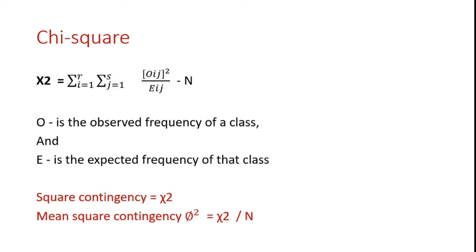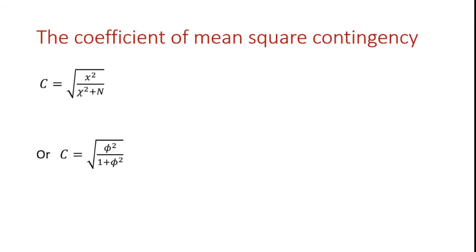So chi-square is also known as square contingency, and there is another term which we're not dealing with here, called mean square contingency, or chi-square by total frequency, or chi-square by n. Anyway, let us move to the coefficient of mean square contingency. If you remember, we found a coefficient, Yule's coefficient, for a dichotomous classification.